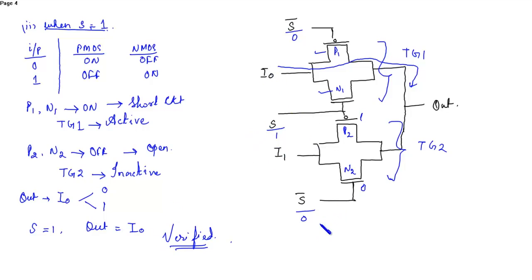So the function of the mux over here, out is equal to S into I0 plus S bar into I1. This is the function of the 2:1 mux.